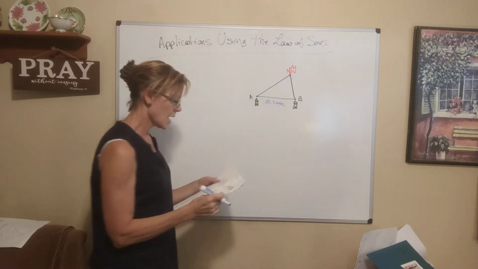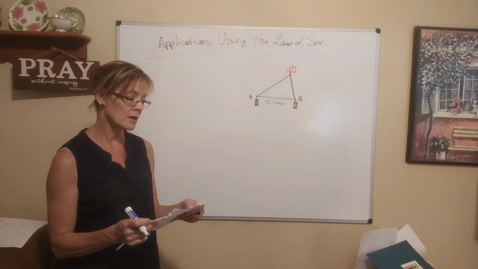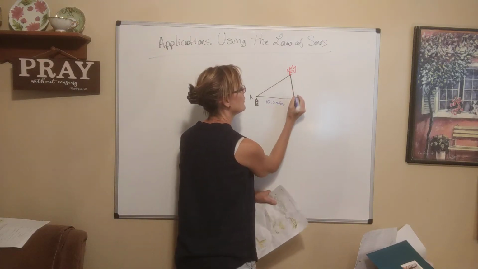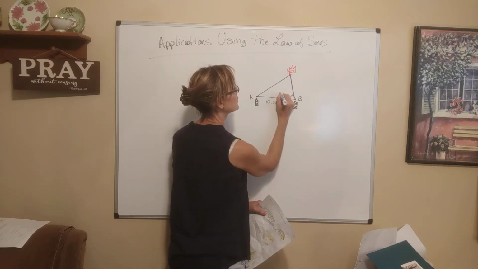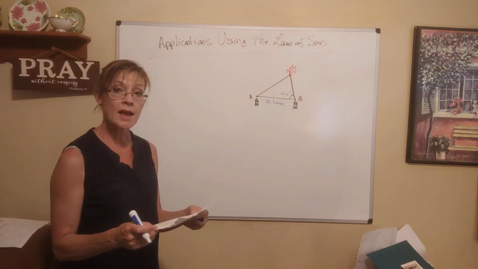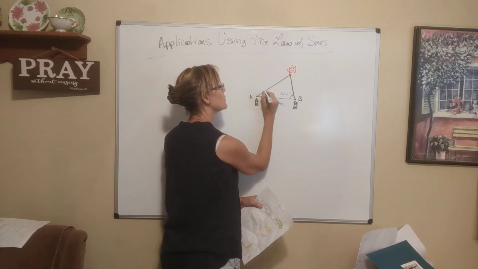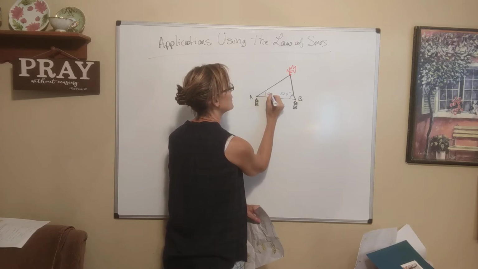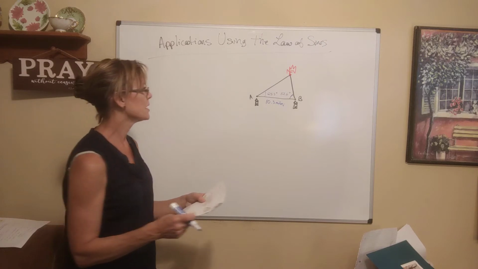And it says if station B reports the fire at angle ABF, this angle right here is 52.6 degrees, okay? And station A reports the fire at an angle of BAF, so this one right here is 25.3 degrees.